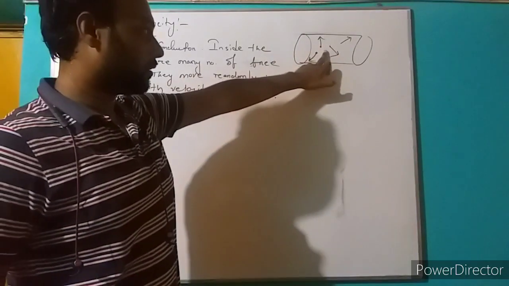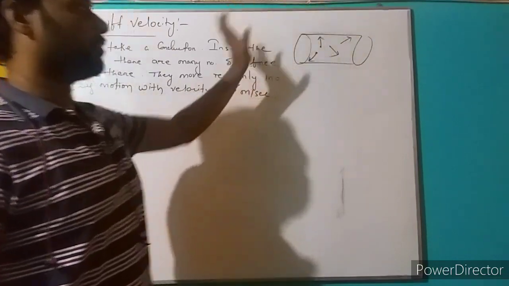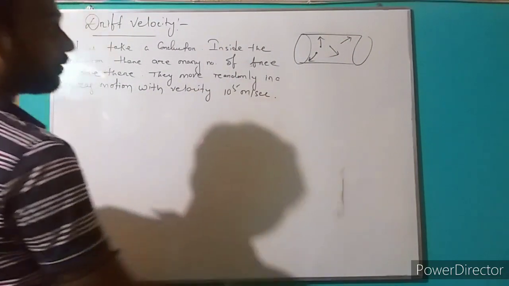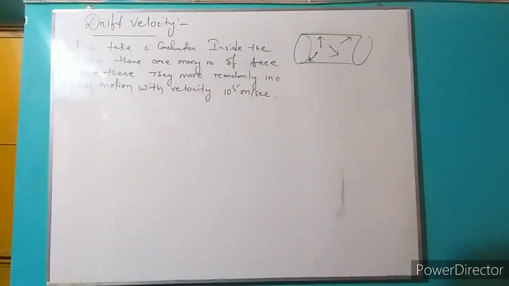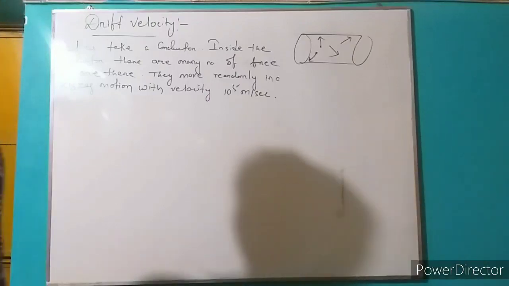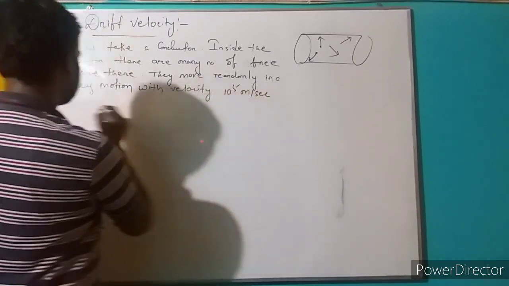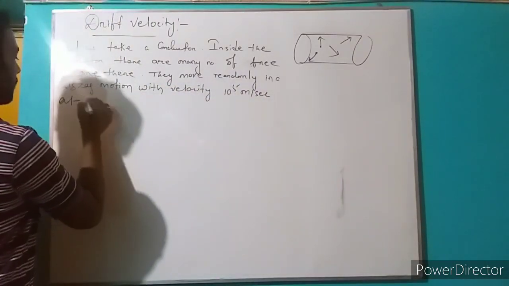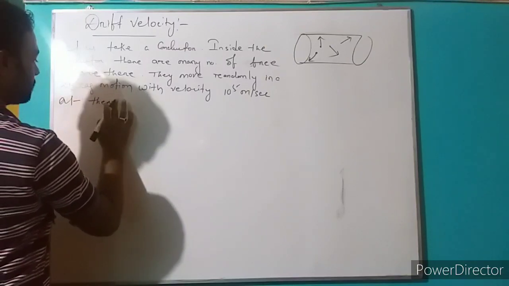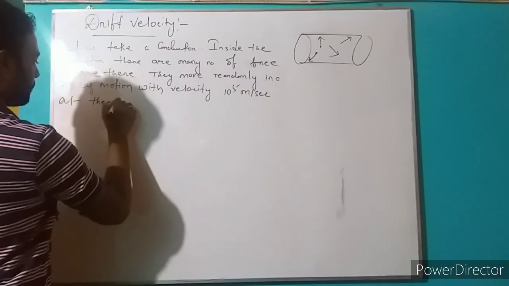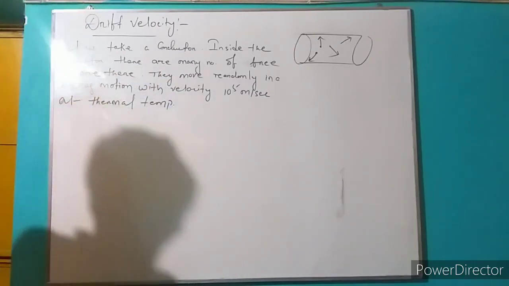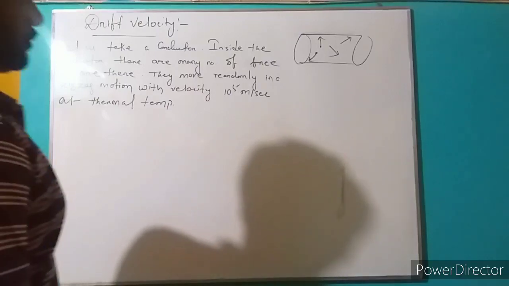Inside the conductor there are many free electrons, and that is only possible while it is placed at room temperature or thermal temperature. Clear?